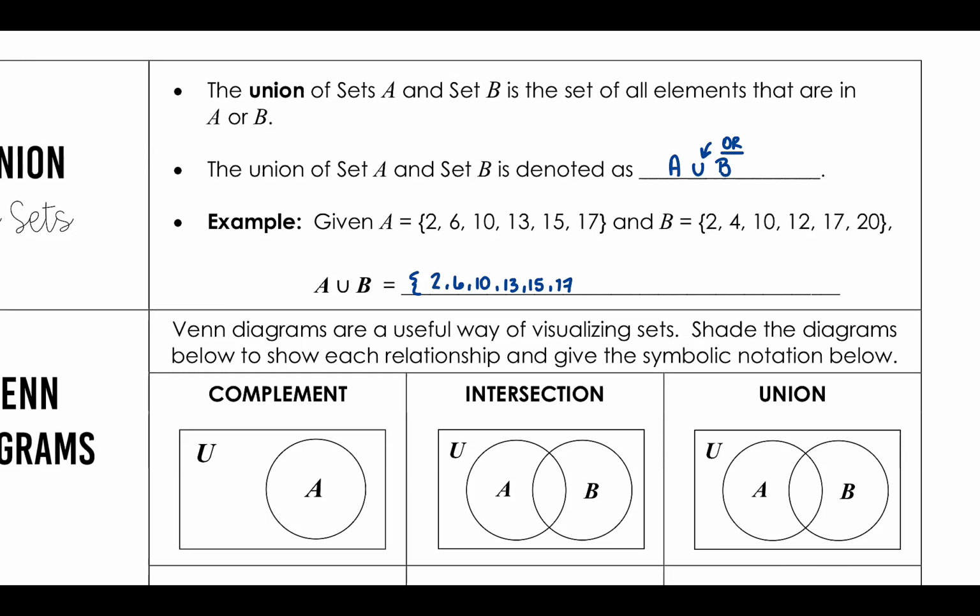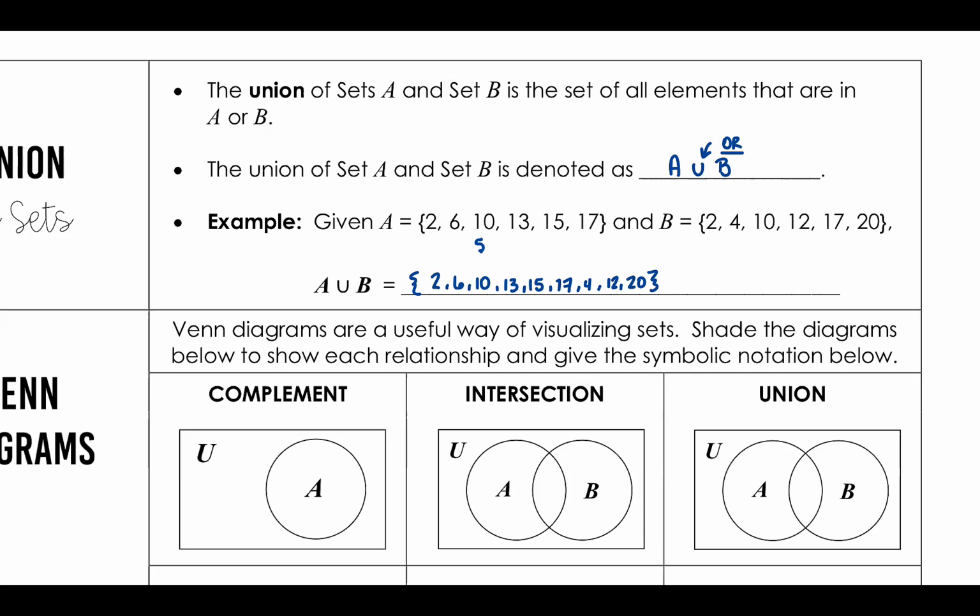And then we've got 2, which has already been given because it's in A. 4, 10 is already there. 12, 17 is already there. And 20. Now, if you want to get really good, we need to put these in order, least to greatest.